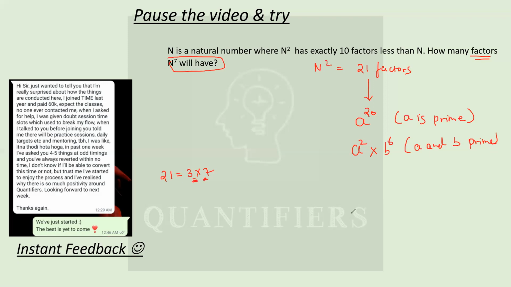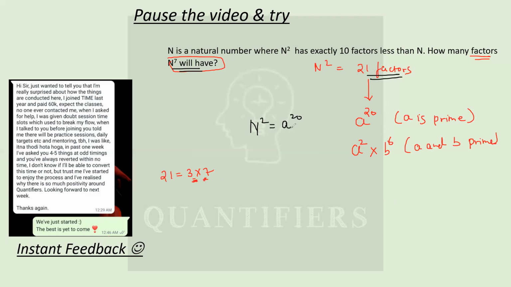Now, students, we are almost done with the question. A to the power 20 has 21 factors. A square into B to the power 6 also has 21 factors. But now what is the question? How many factors will n to the power 7 have? अब students ये क्या है? ये basically n square की value है. n square is of the form A to the power 20 because n square was having 21 factors.